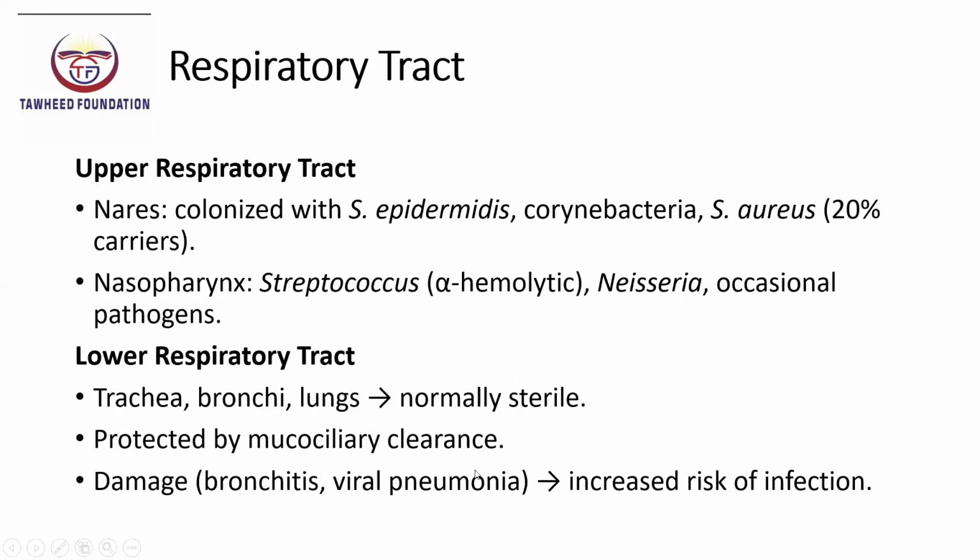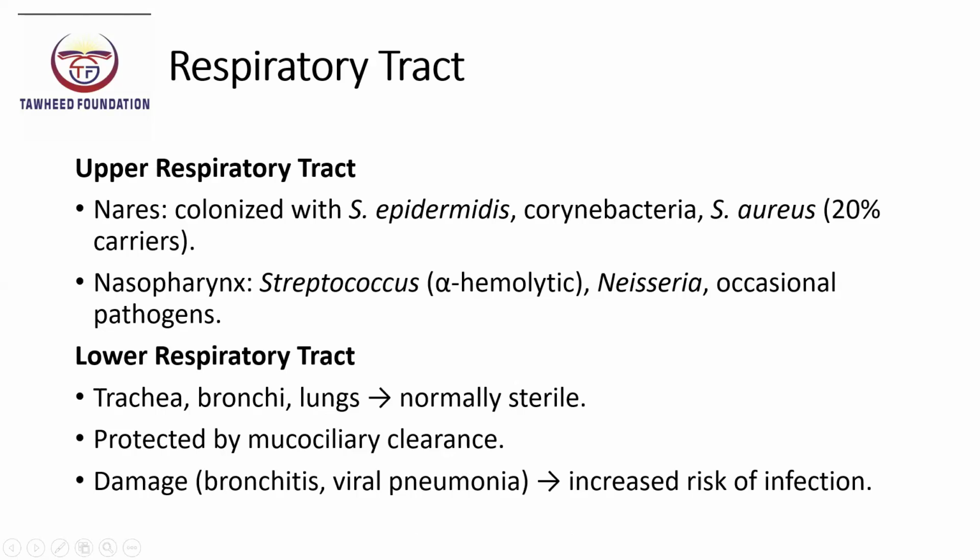Haemophilus influenzae, and Neisseria meningitidis. The lower respiratory tract, which is the trachea, bronchi, and pulmonary tissues, is virtually free of microorganisms, mainly because of the efficient cleansing action of the ciliated epithelium, which lines the tract.